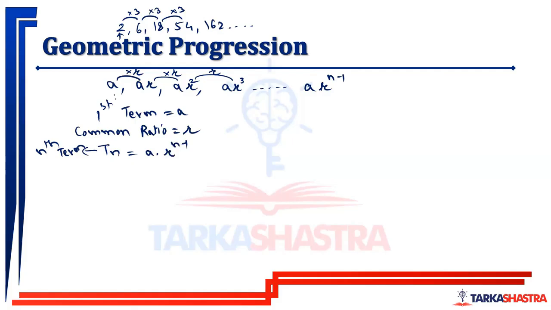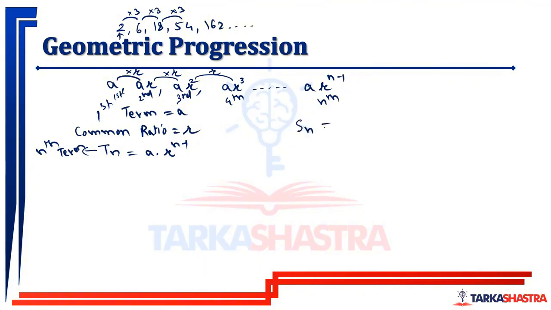If you observe, this is your first term, this is your second term where r is to the power 1. Then in the third term you have r to the power 2, which is n minus 1. In the fourth term you have r to the power 3, and 3 is 4 minus 1. So your nth term will be a into r to the power n minus 1.